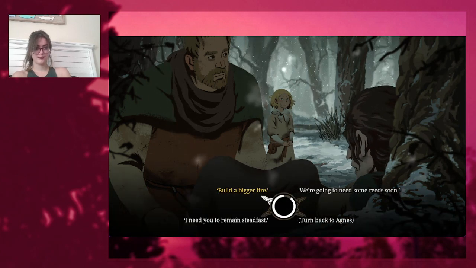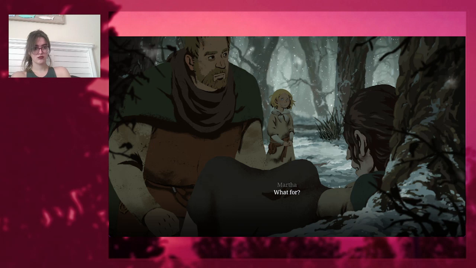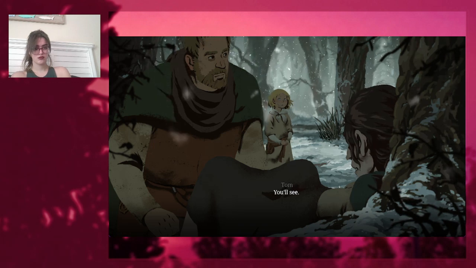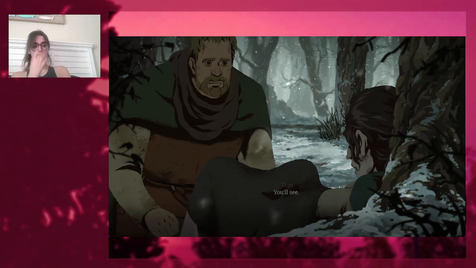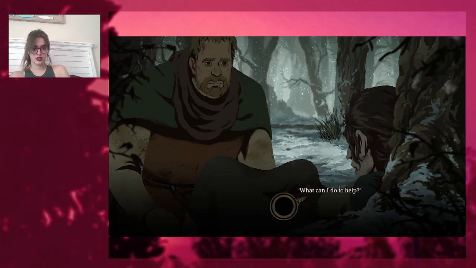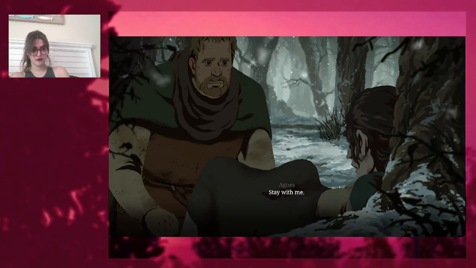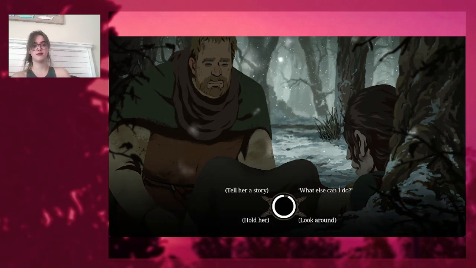Warm water will help. Collect some reeds and make me two lengths of string, each big enough for a necklace. What for? You'll see. What can I do to help? Stay with me. Easy.